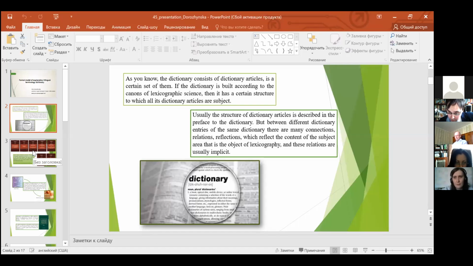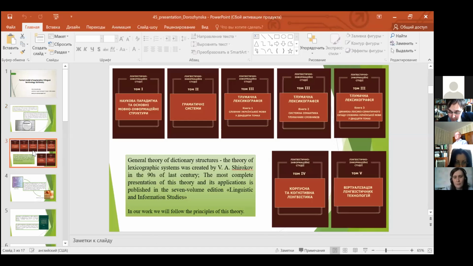The general theory of dictionary structures, the theory of the lexicographic system, was created by Volodymyr Shyrokov in the last century. The most complete presentation of this theory and its applications is published in the seven-volume edition, Linguistic and Informational Studies.